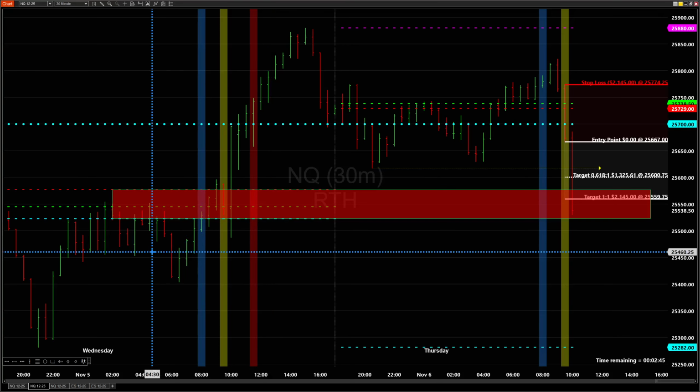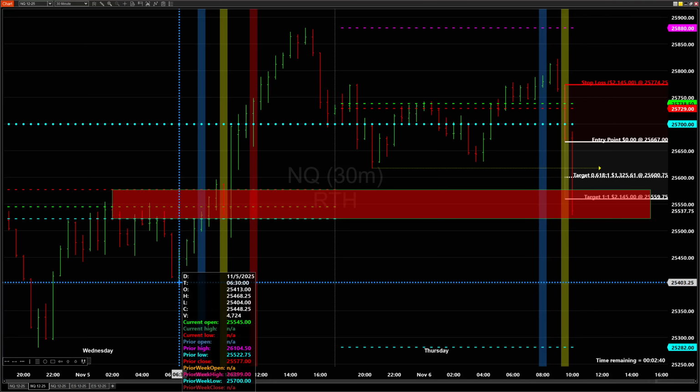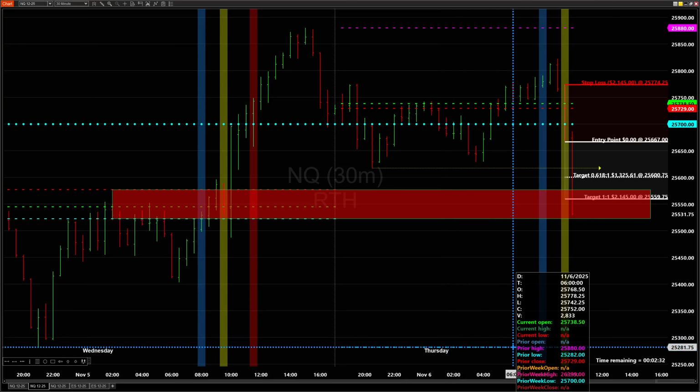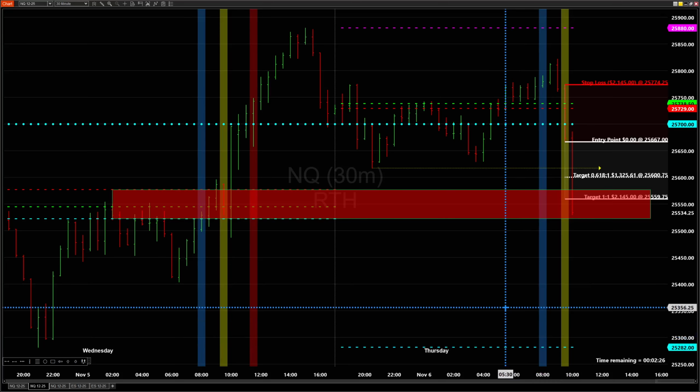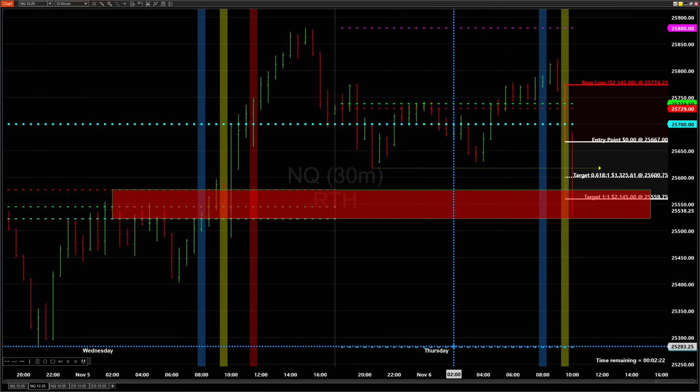And if not, I would say you could be looking at this pullback low here, right around 25,400. And if that doesn't hold, probably targeting this low at 25,282, which was this low over here, Wednesday's low.